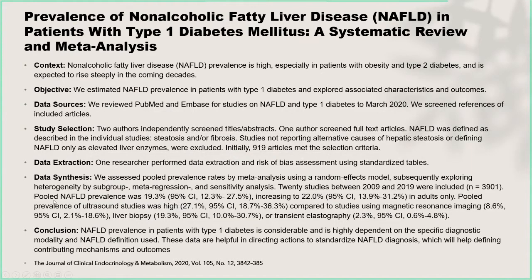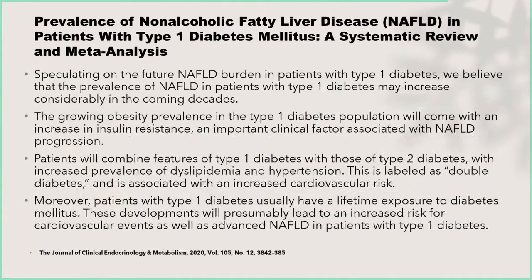So one of the things you find here is that because different studies have used different methods of evaluating liver fat and NAFLD, you have different numbers. But in general, there seems to be a high prevalence of fatty liver in type 1 diabetes, particularly in adults.